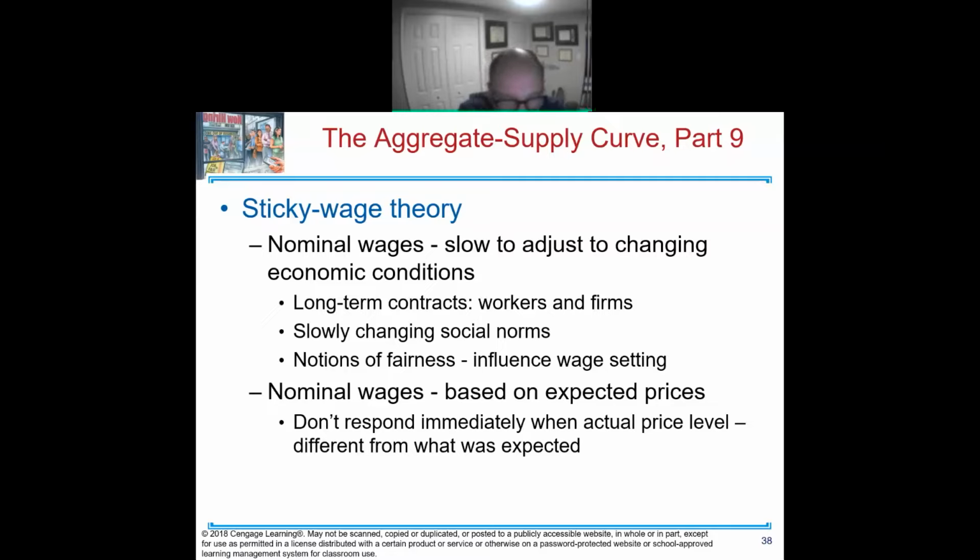For example, we currently have this thing called inflation. Very dramatic inflation for 2020. Wages will not adjust quick enough to make that better. It's just not possible. Okay? So wages are slow to adjust to those types of conditions. They change slowly. That's just how it works, unfortunately.